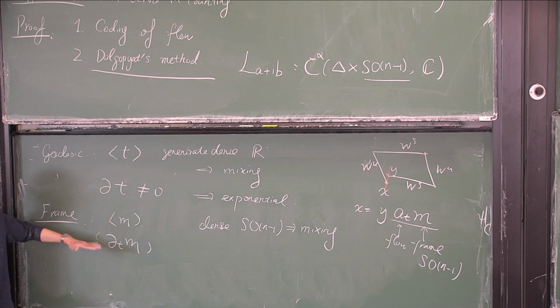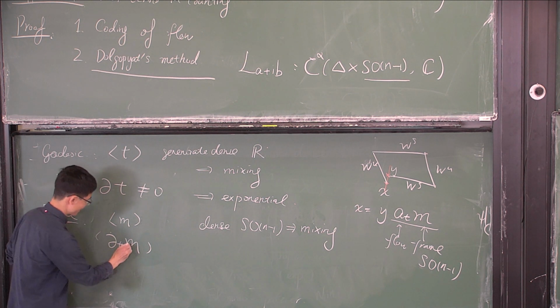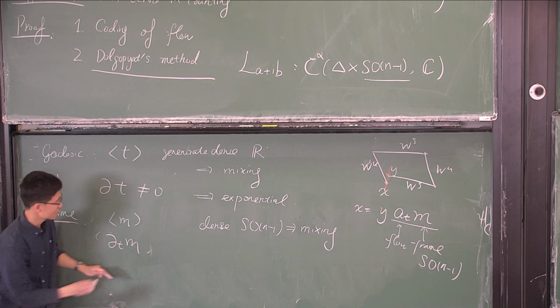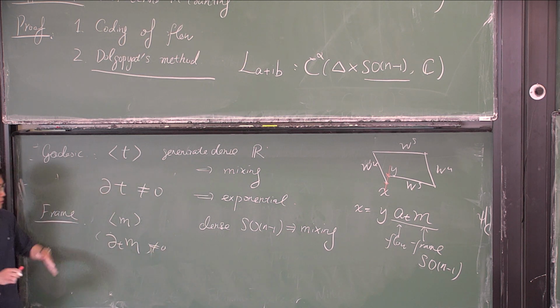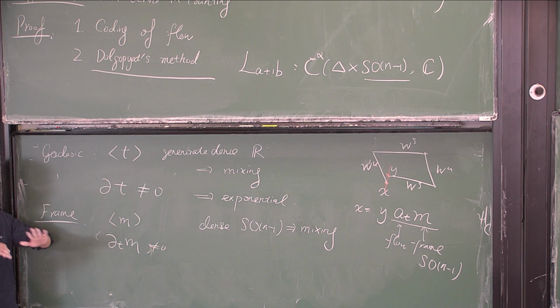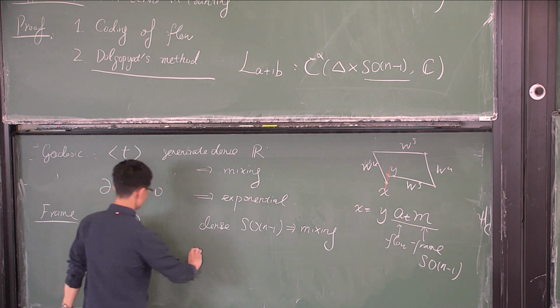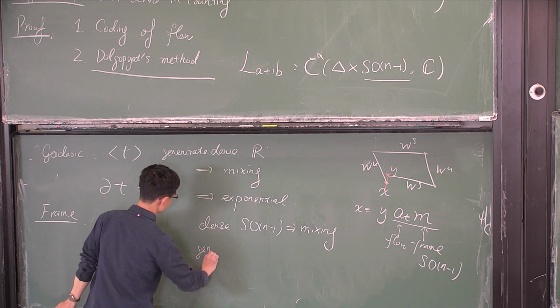But now you are in the multi-dimensional case. If you just know that it's non-zero, this is not enough. You need this kind of derivative to spread, they can generate the whole group. So that's something to generate a large enough group.